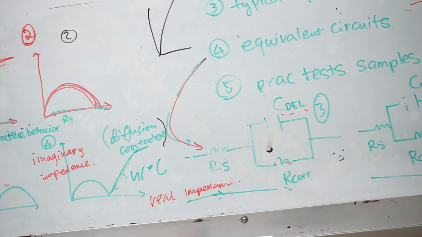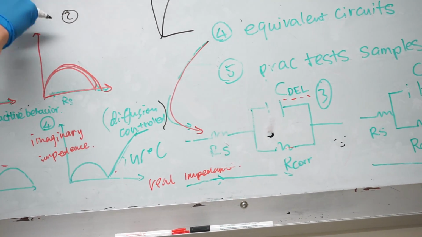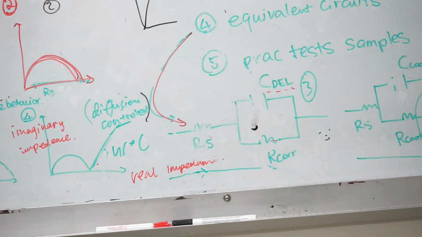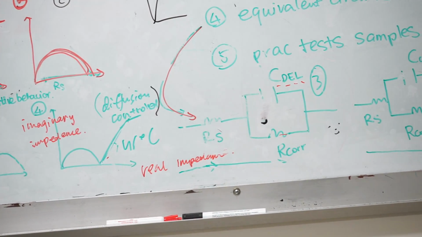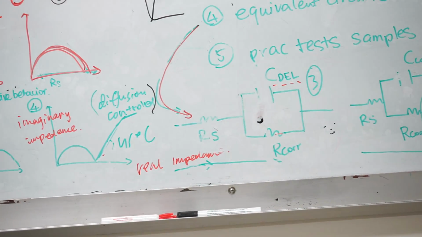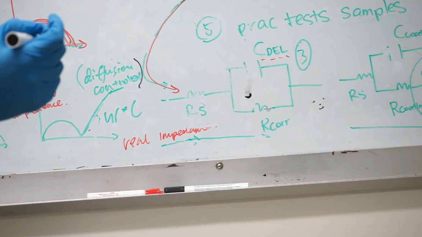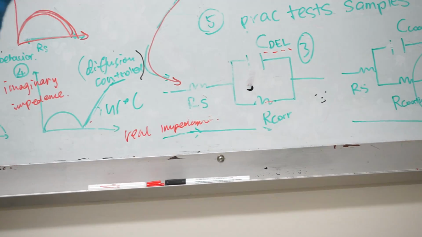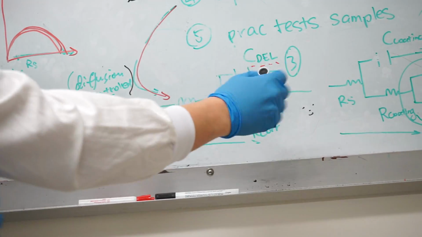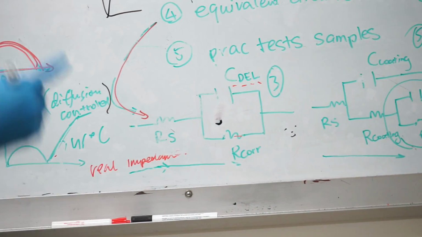If we have a coating that is non-conductive, a dielectric coating, that means that this impedance will be much higher than one that is like an open circuit. Yes, like an open circuit, that's correct. So the impedance for the coated sample will be much higher than the impedance of the uncoated sample. You may have the same equivalent circuit, but the values are going to be higher than the uncoated.